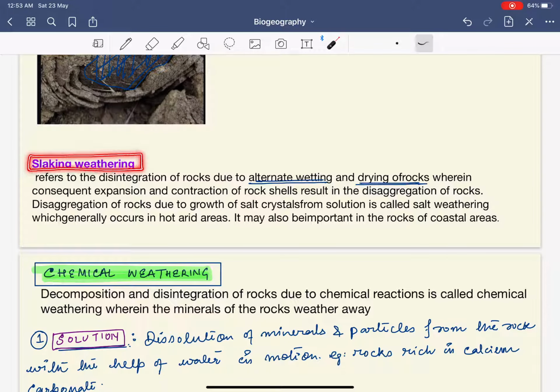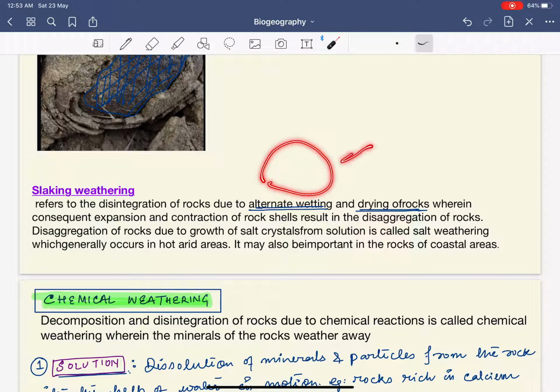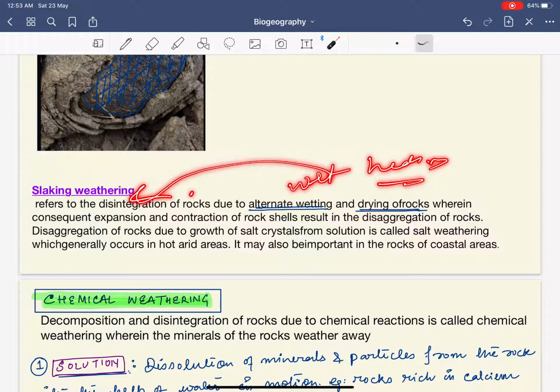Next, slaking weathering. Understand this? This is very easy. It refers to the disintegration of the rock due to alternate wetting and drying of the rock. This is a particular rock, all of a sudden it's wet and all of a sudden it's heated. Wetted, heated, wetted, heated. Wetting and heating lead to slaking weathering.